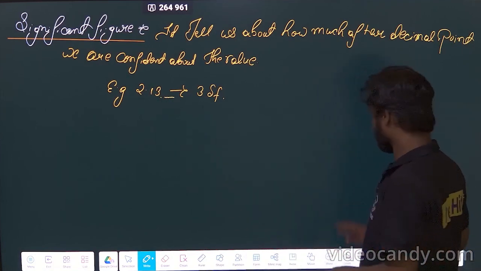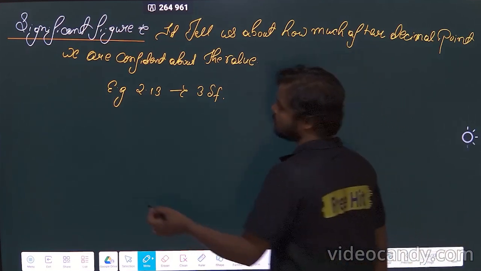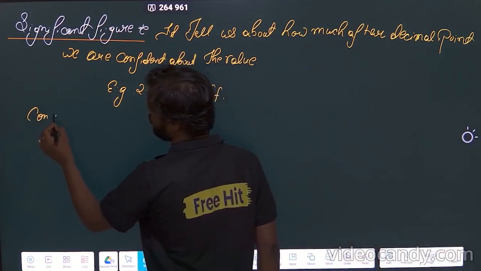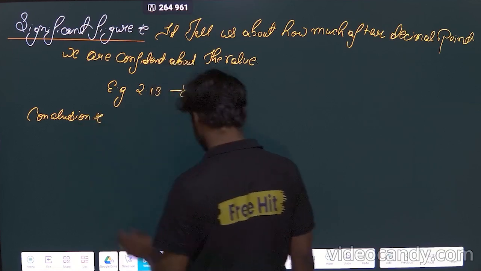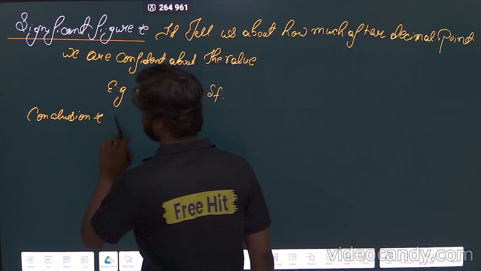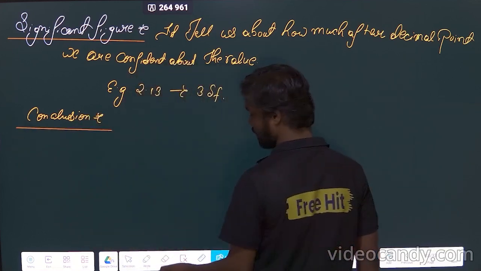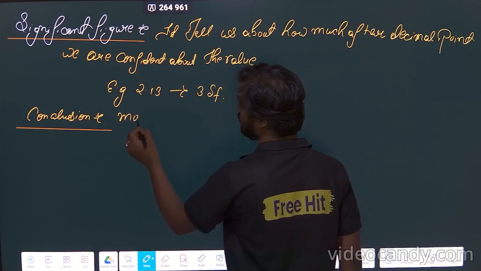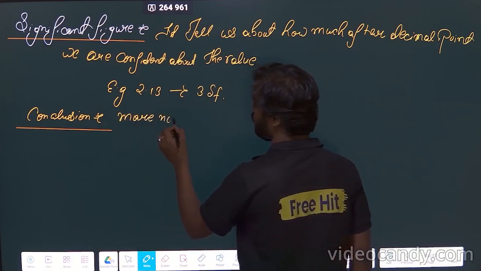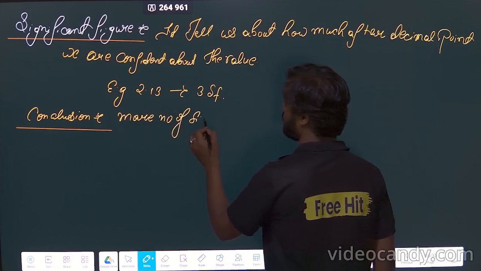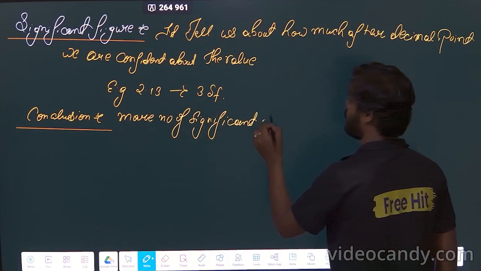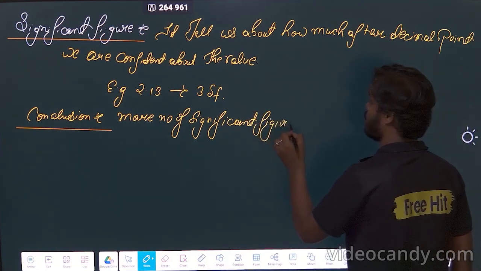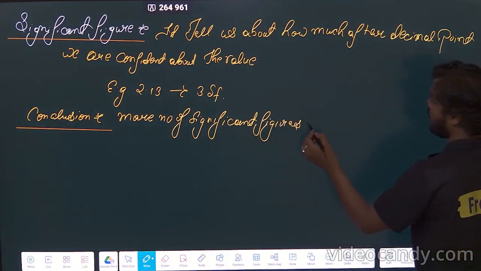From here we get a conclusion. What is the conclusion? The conclusion is that more number of significant figures means more accurate result.